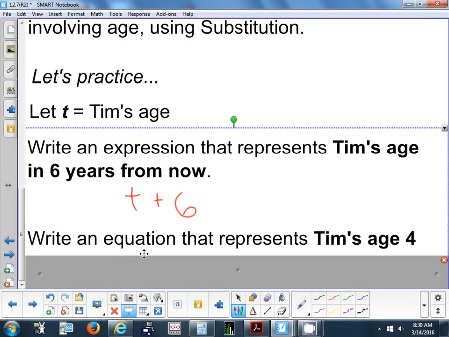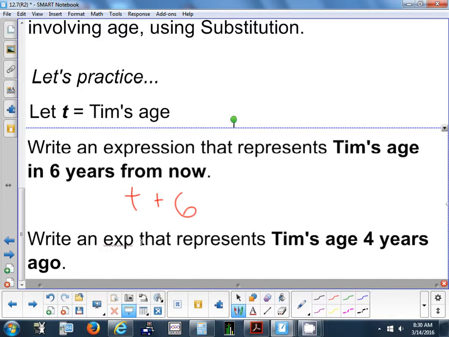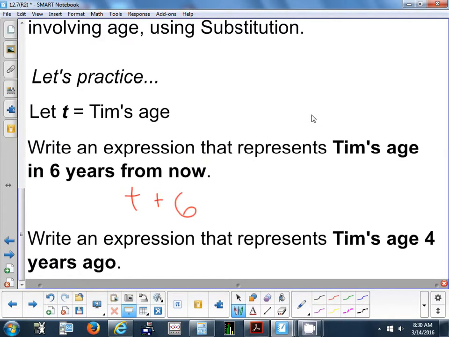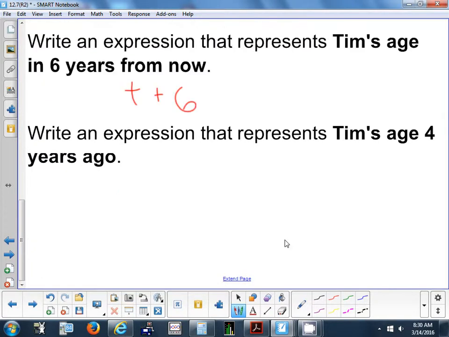Now, let's write an expression that represents Tim's age 4 years ago. T minus 4. Good, Logan. Years ago, subtract. In a certain amount of years, you're going to add. That's one big thing you have to take away from this.